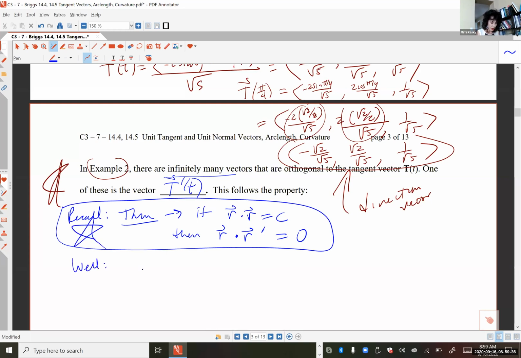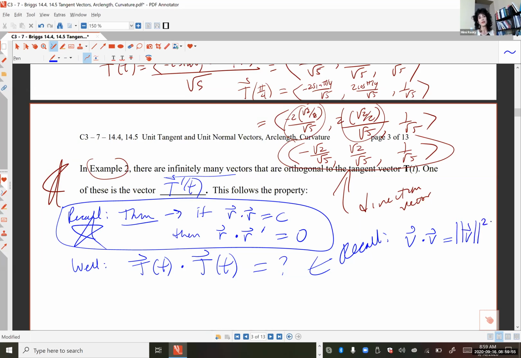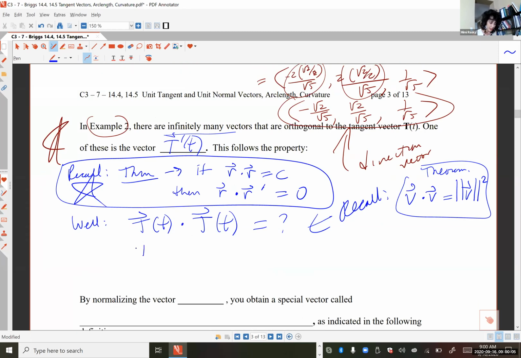What happens when we take the unit tangent vector and dot product him with himself? What is that equal to? Here's another thing I want you to recall before you do this. Do you remember that if you take the dot product of a vector with itself, it gives you the same result as the magnitude of the vector squared? Yes, I also proved that for you. So the dot product of the unit tangent vector with himself gives the same result as his magnitude squared.